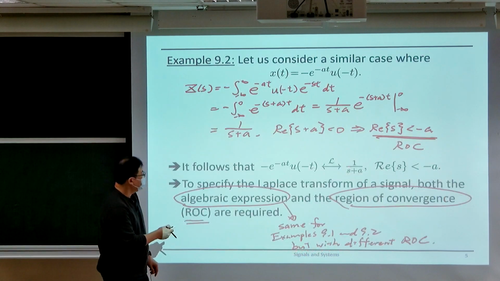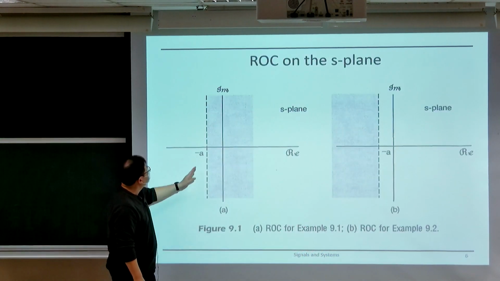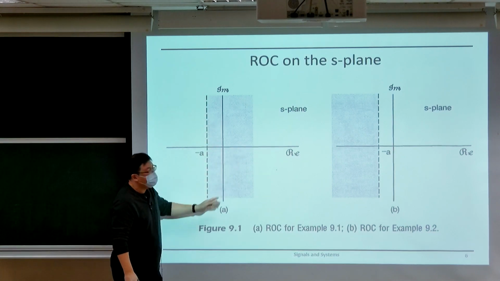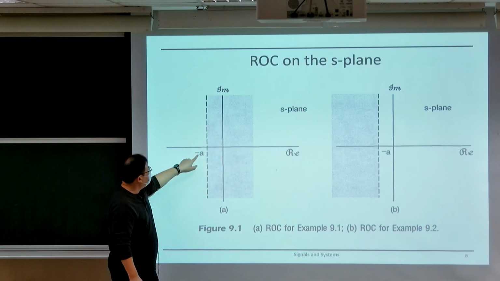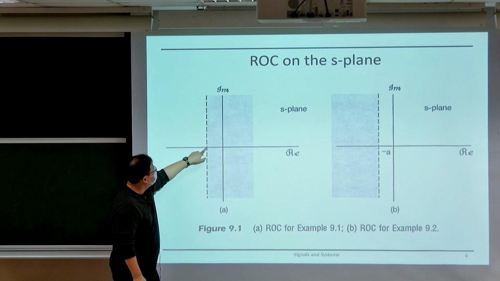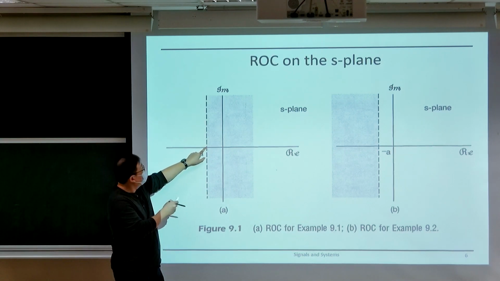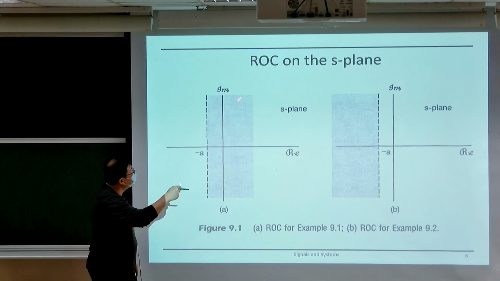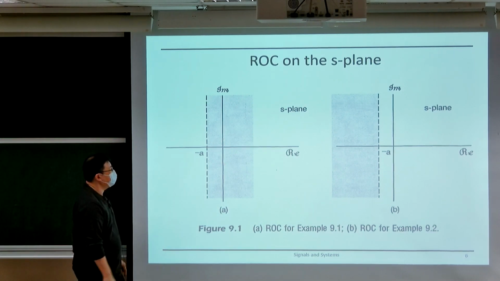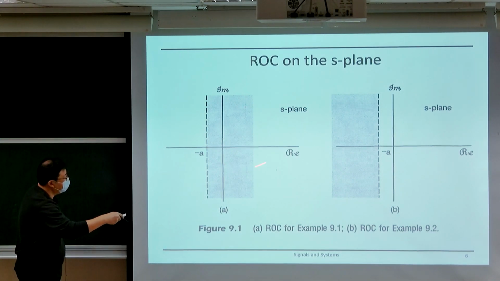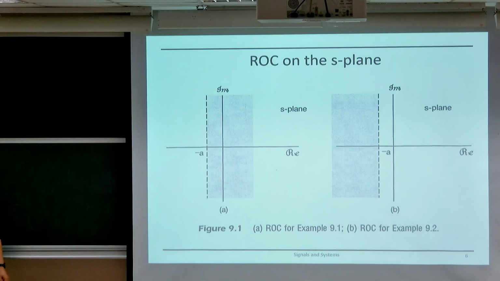If you look at the complex plane, this is the real part, this is the imaginary part. Suppose that minus a is this point here. All values of s that have a real part greater than minus a belong to the region of convergence. So the region of convergence for example 9.1 is this half plane to the right of minus a.